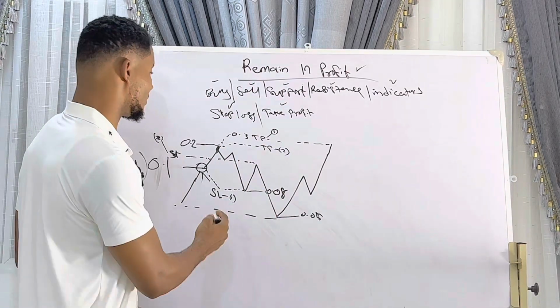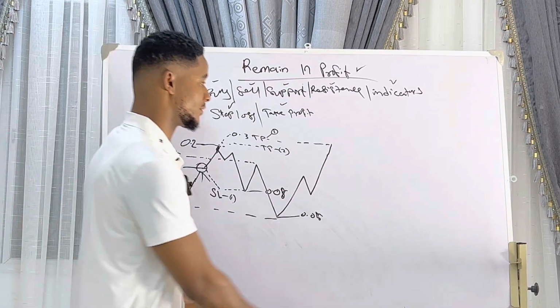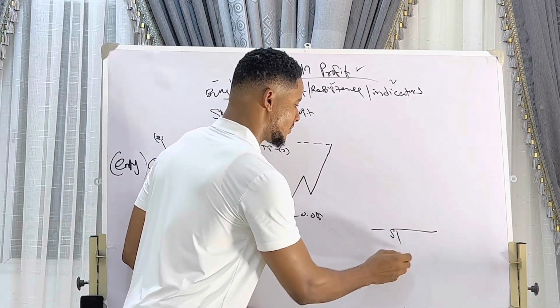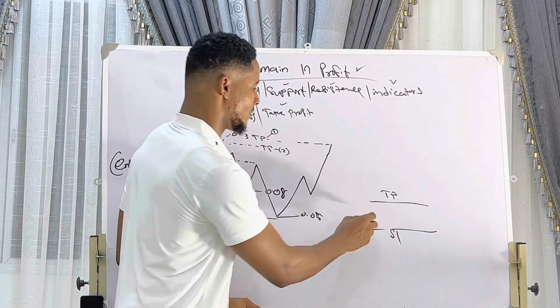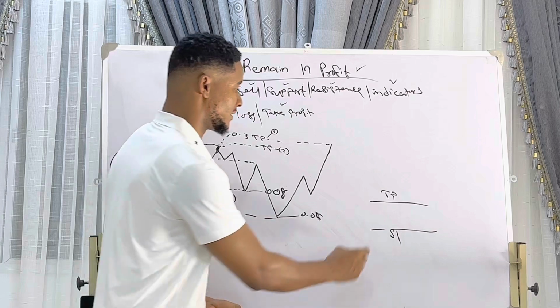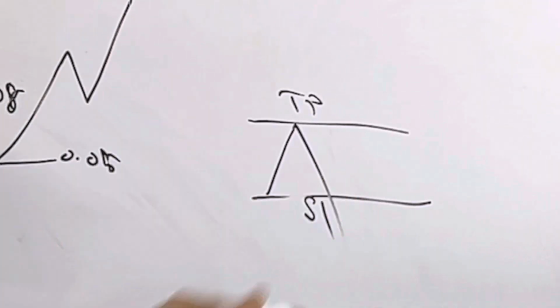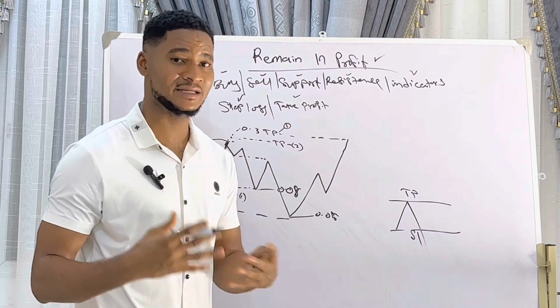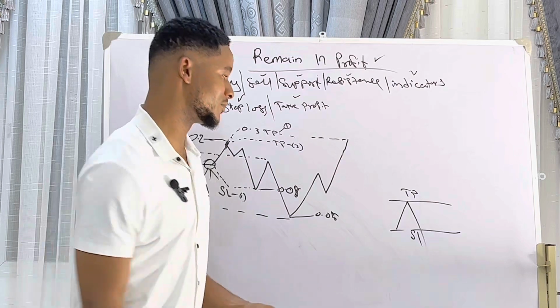And sometimes stop loss or take profit do not work exactly the way we plan them, because if you say at this point, this is my stop loss and here is my take profit, okay, when there is volatility in the market and we go this way, because of the push, this sell that just happened. Volatility means speed and rapidness that happens because of the volume of buys and sells that happens in the market.